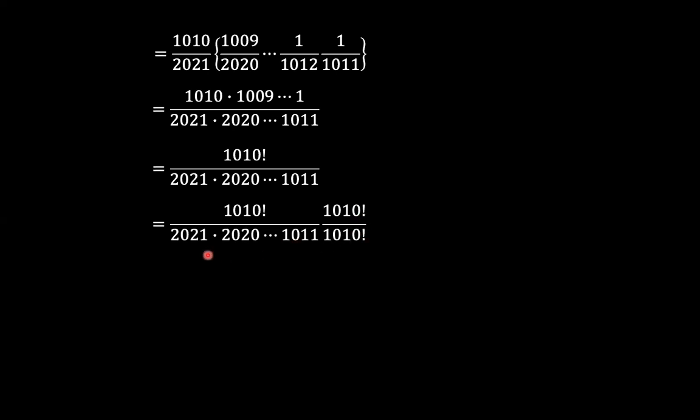And so what that means is that it completes the factorial of 2021 in the denominator. So in the numerator, however, we have the square of 1010 factorial, but in the denominator, we have the factorial of 2021. So this is the answer to that problem.